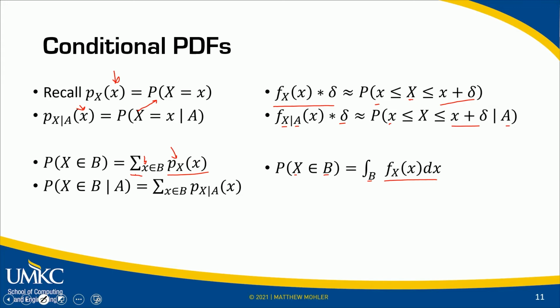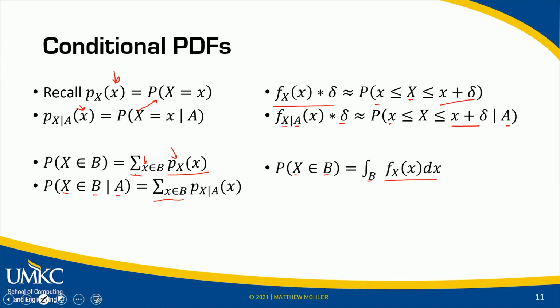Now, extending that to conditions, we can say that the probability that our random variable is an element of B when conditioned on A, we just said was the sum over all of the x's that are a part of B. Again, same thing as unconditionals.